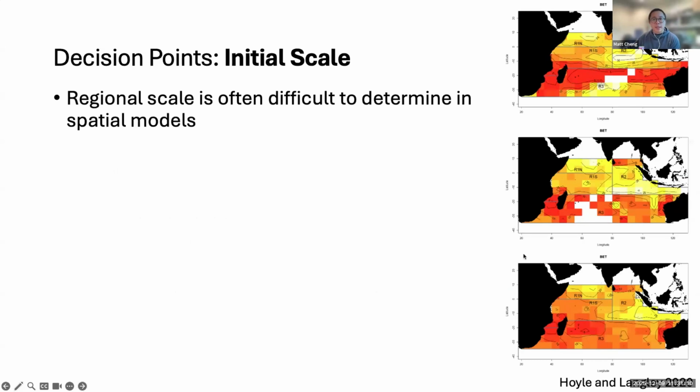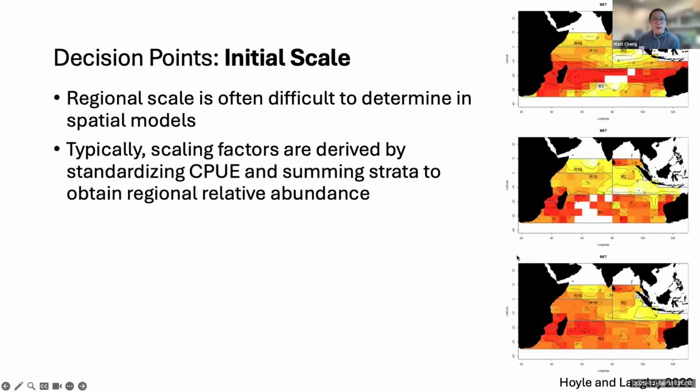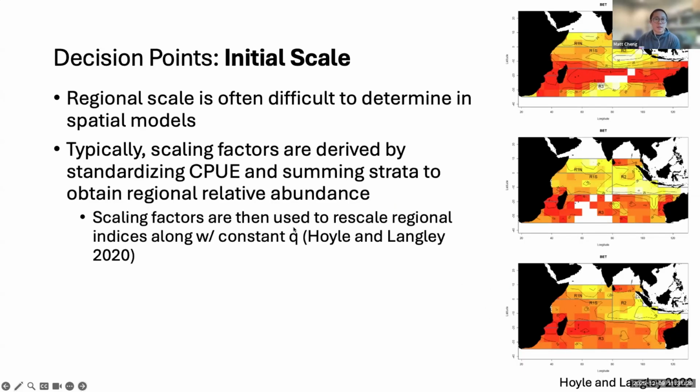And so typically in tuna assessments, they do scaling factors that they derive by standardizing CPUE, and then summing the relative spatial abundance by large spatial strata to obtain regional relative abundance, and then using the scaling factors to rescale the regional indices along with imposing a constant catchability across space.